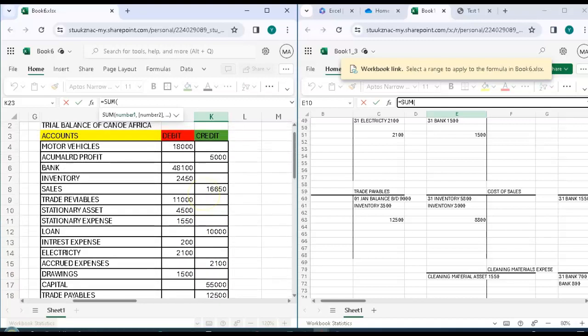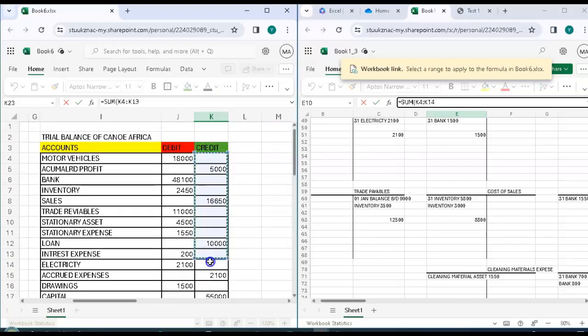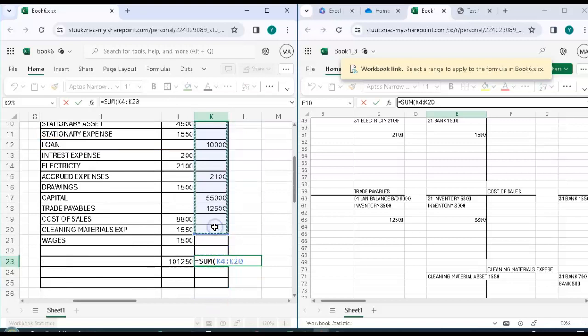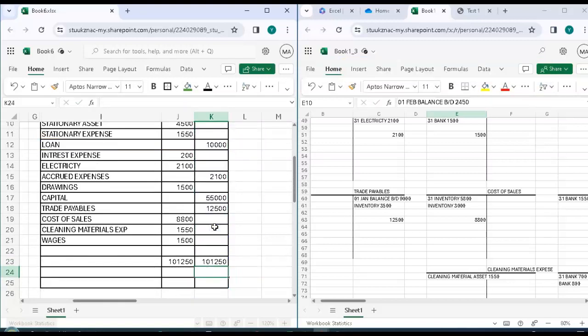Okay, moment of truth. Hopefully this is 101,250, otherwise, man. Okay, bang, 101,250, 101,250. This is the accountant's best feeling ever.